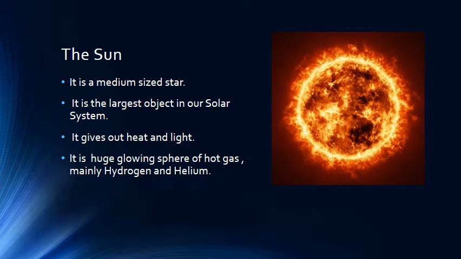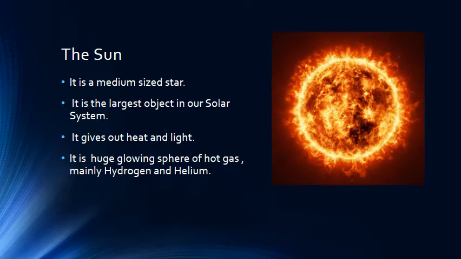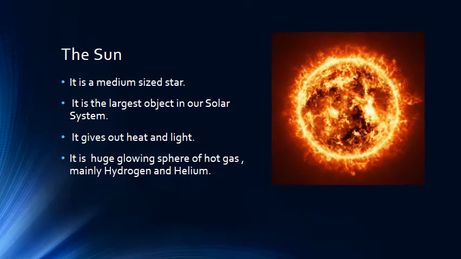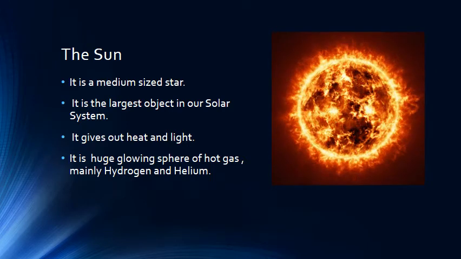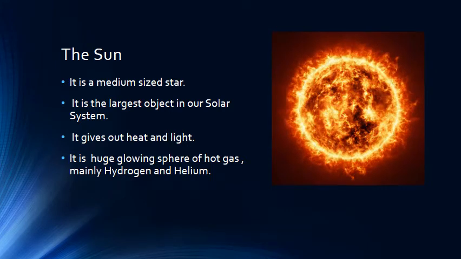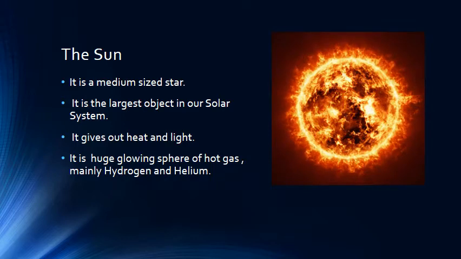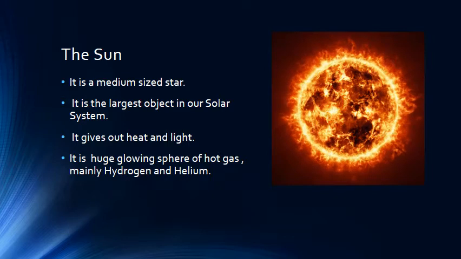Because they are far away from us, we see them as a tiny dot or a very small object, but actually they could be much larger than our sun. So our sun is a medium-sized star, and as I told you, it's very close, and it's the largest object in our solar system.